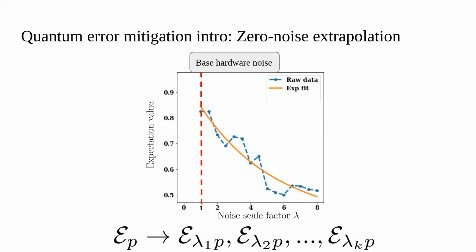And maybe you have some expectation, ideally, of what the trend line should look like. And then you can fit a curve to that. Here we knew that this should decay exponentially for this example. So if I now do an exponential fit to that data, and you now know what I'm going to say, we can take that fit and evaluate it at a scale factor of 0. And that will be the zero noise extrapolation result.